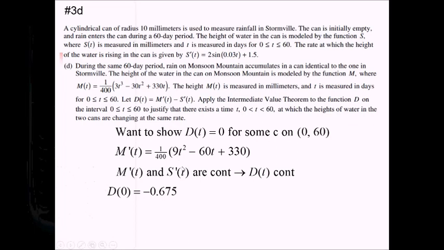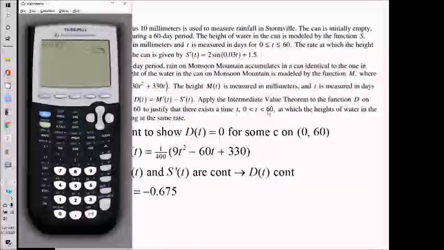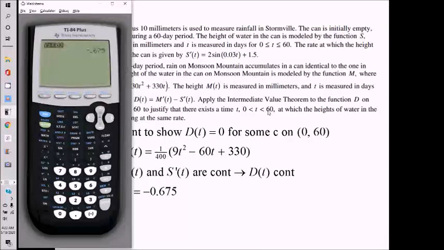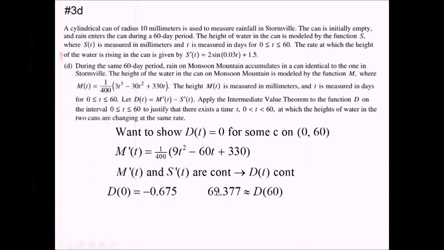And let's find d of 60 now. I'm just going to yank my input from before, so I have a y3. I'll just use 60 instead of 0. And pressing enter, that's approximately 69.377.